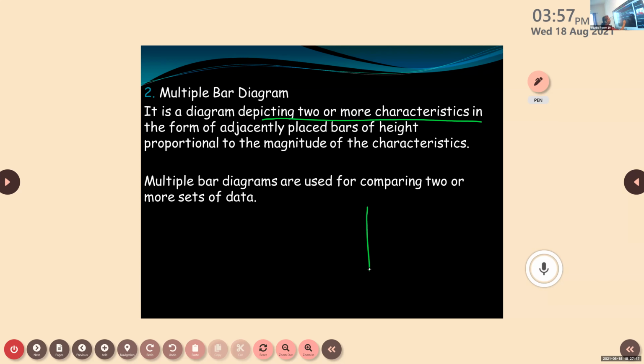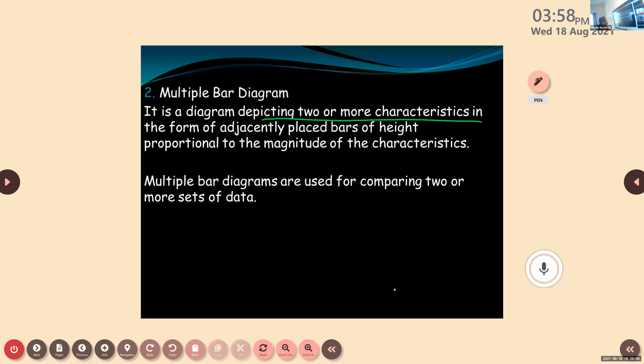Maybe one bar like this, another bar like this, like that we are placing bars together and making different bars for different characteristics. That kind of bar diagram, we call it as multiple bar diagram.